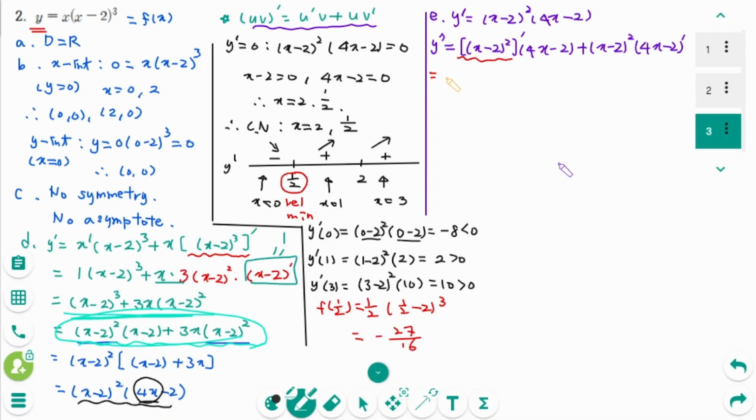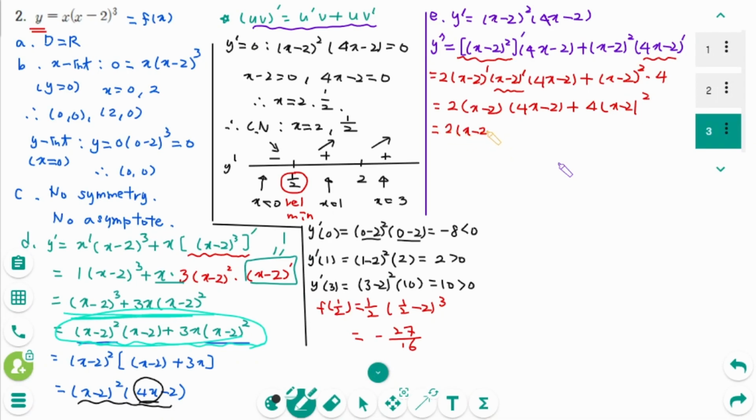Using the chain rule, 2 times (x minus 2) to the power of 1 and (x minus 2) prime, then (4x minus 2) plus (x minus 2) squared, then this part is 4, equals 2 times (x minus 2), this is 1, then (4x minus 2) plus 4 times (x minus 2) squared equals 2 times (x minus 2), then this part we can rewrite as 2 times (2x minus 1) plus 4 times (x minus 2) squared.